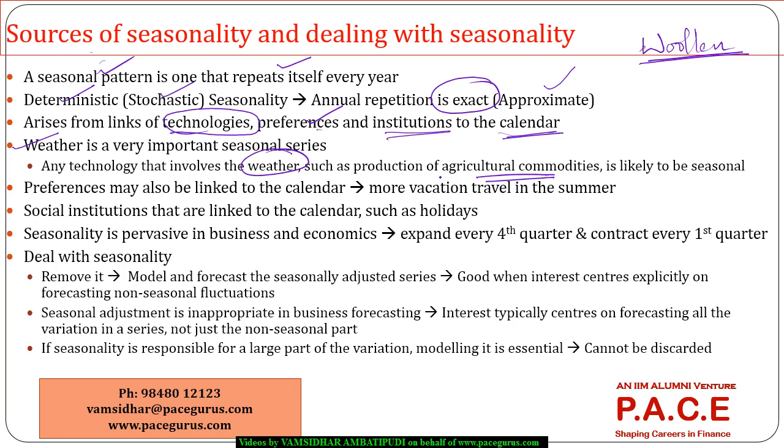They may give a lot of offers during the festival season, and the sales during the festival seasons could be much higher compared to other seasons. So whenever technology, preferences, or institutions are linked to a calendar, or things are weather driven, all of these can lead to seasonality in the data.